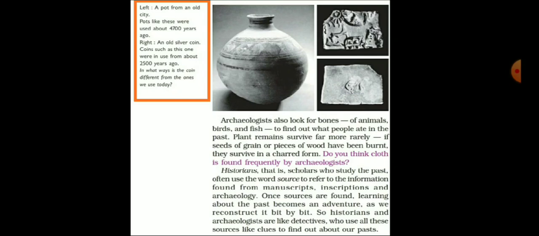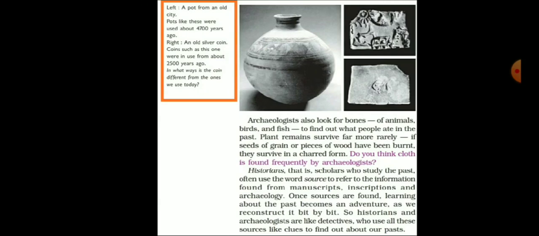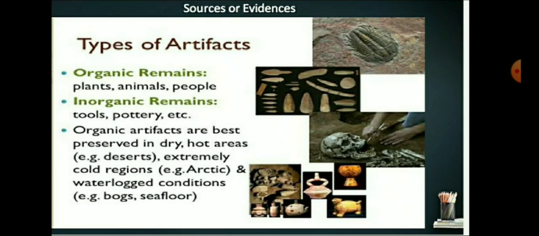These things were in the past, and such things were eaten by such people, worn by such people, etc. They search sources like clues to find out about the past, as we already have talked about.